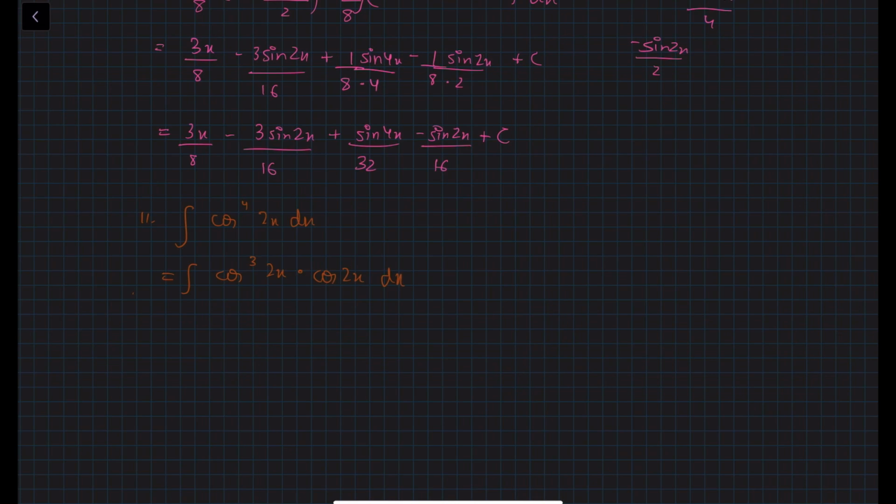And now we're gonna write for cos 3x, we're gonna use this formula. It's 4 cosine cubed of x plus 3 cosine of x. And I believe that is the right formula.